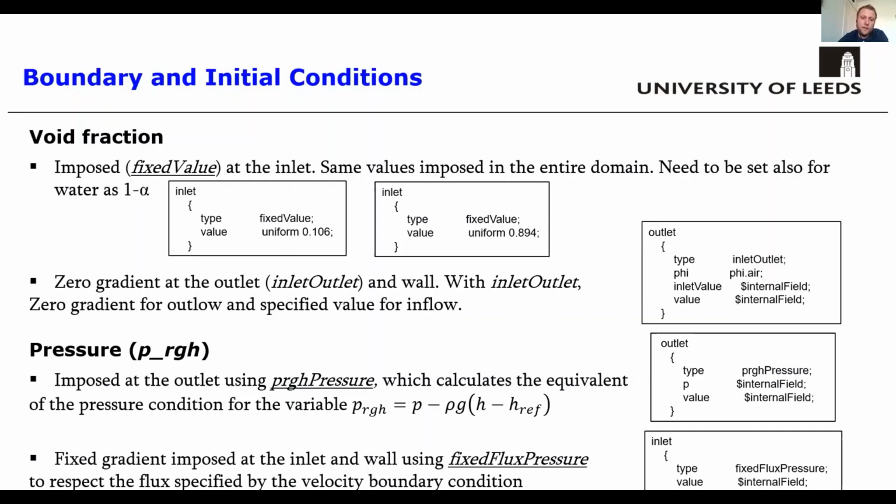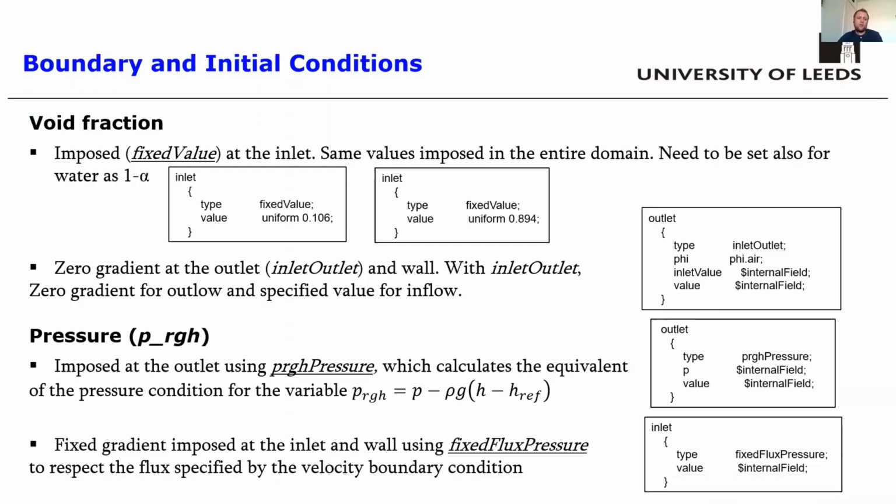If there is outflow, it considers a zero gradient condition. If there is inflow, the value of the void fraction becomes a fixed value, again fixed equal to the internal field. Zero gradient at the pipe, and you see there the symmetry boundary condition that is imposed on all variables.